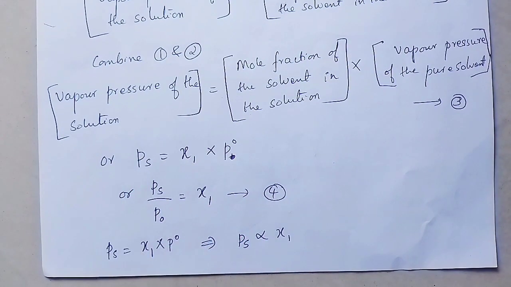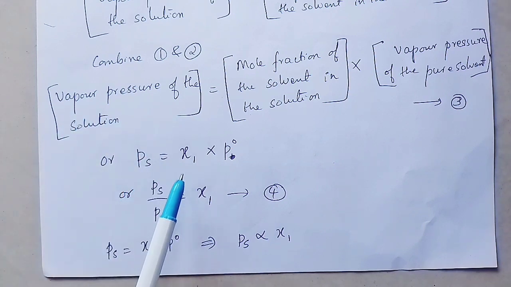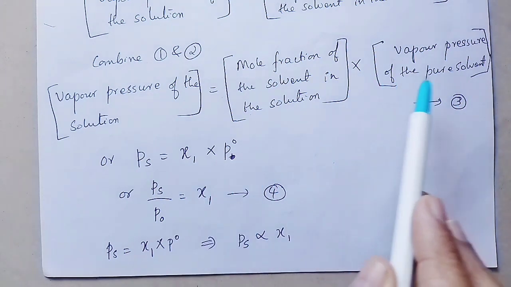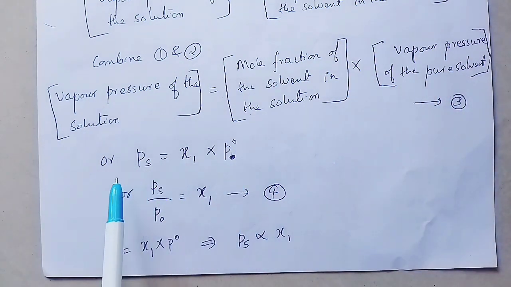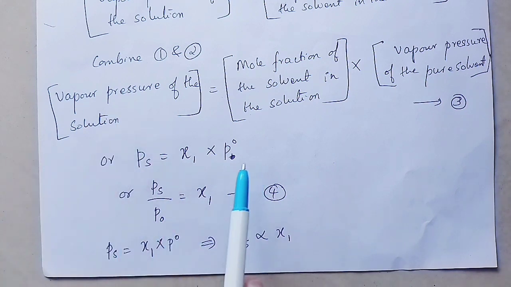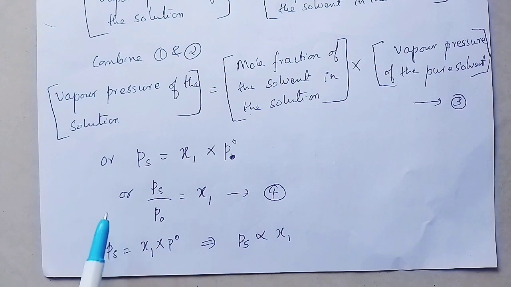Or in terms of symbols, PS, that is vapor pressure of solution, is equal to mole fraction of solvent, that is chi 1, into vapor pressure of pure solvent, P naught. So PS is the vapor pressure of solution, P naught is vapor pressure of pure solvent. Or I can write PS divided by P naught is equal to chi 1. You can consider this as equation 4.